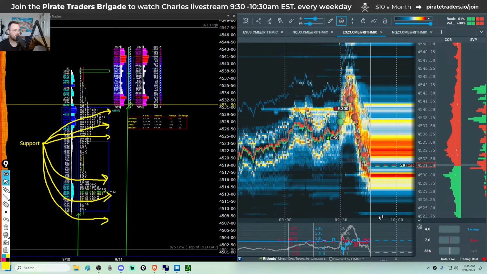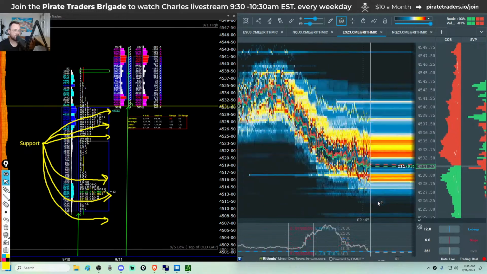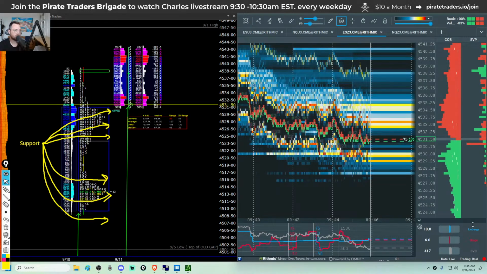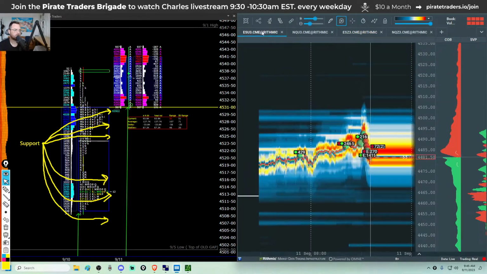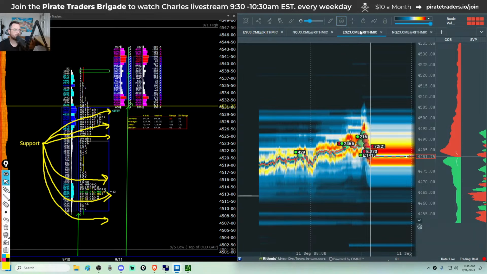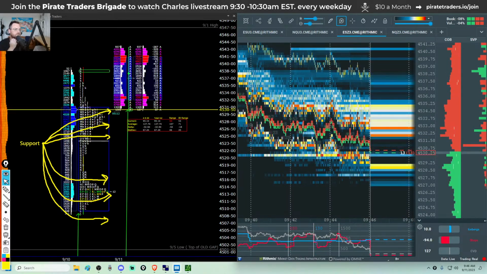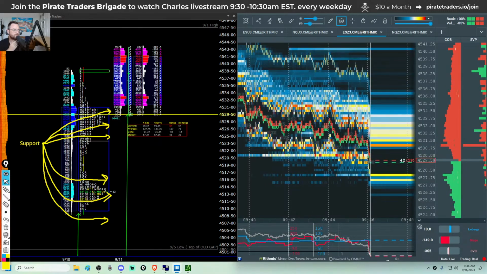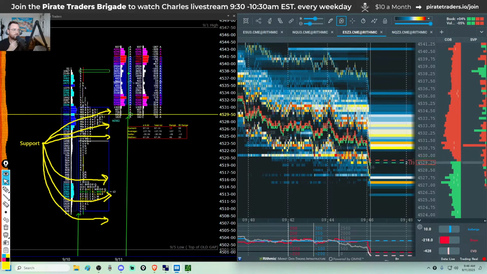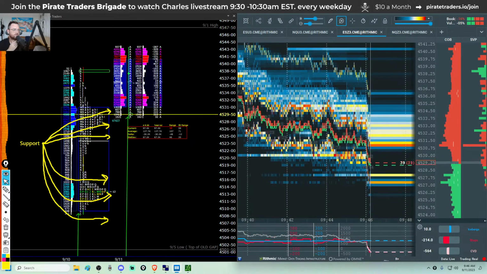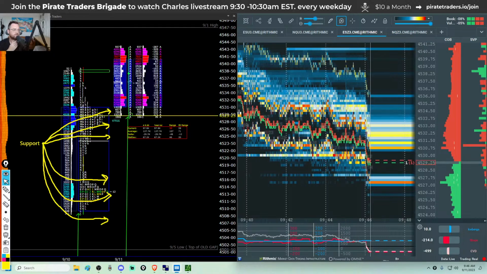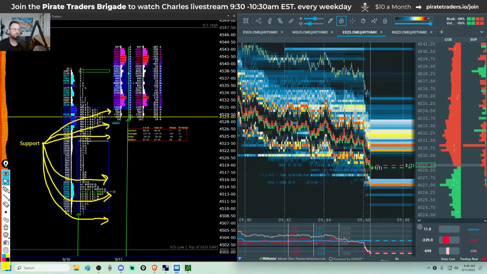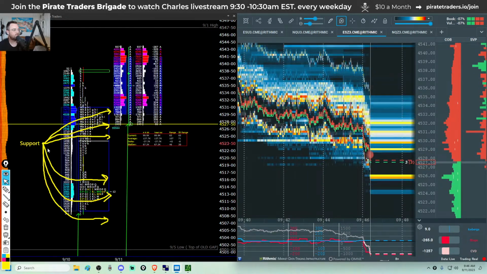But we're still going to look for a bounce here just to see what happens. Nope, nothing. All right, the gap fill continues.